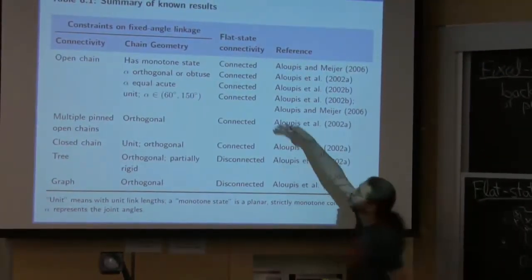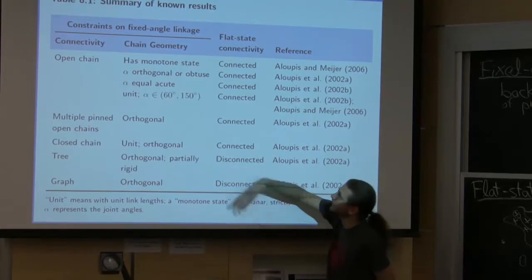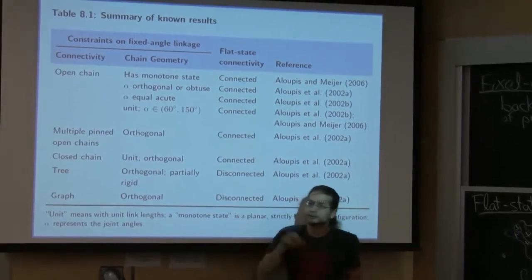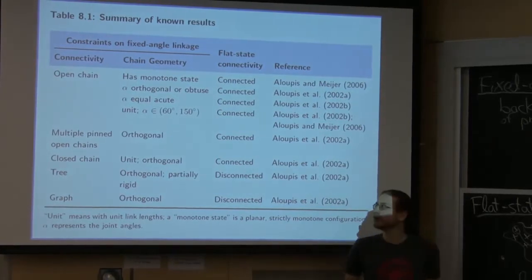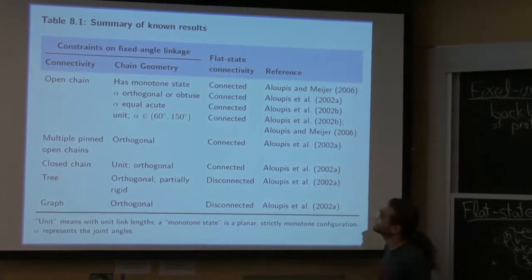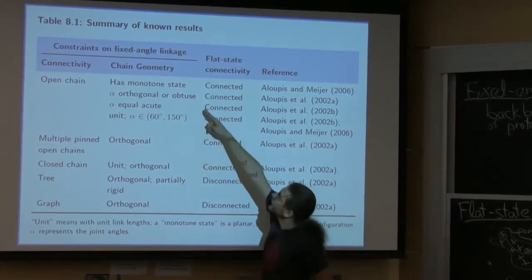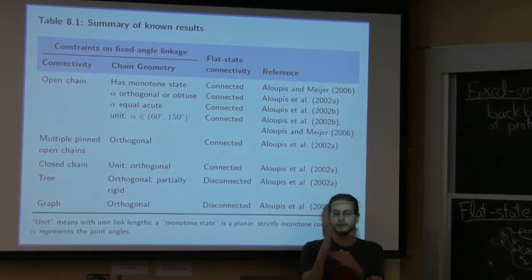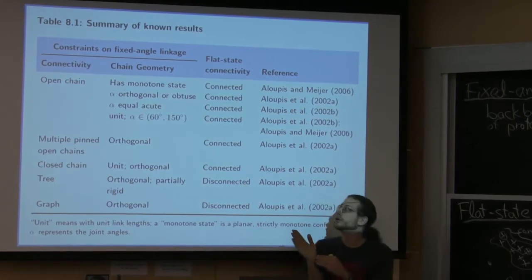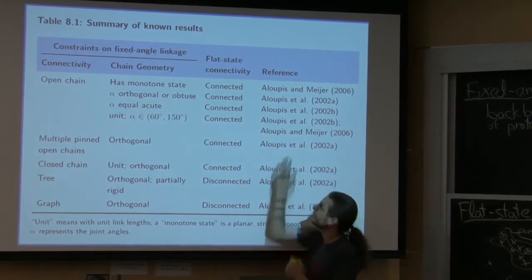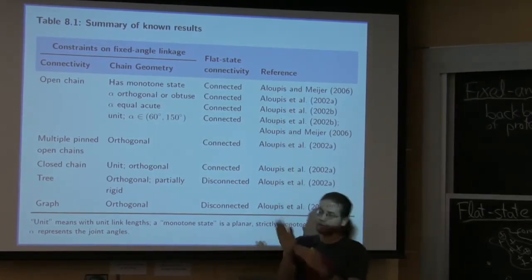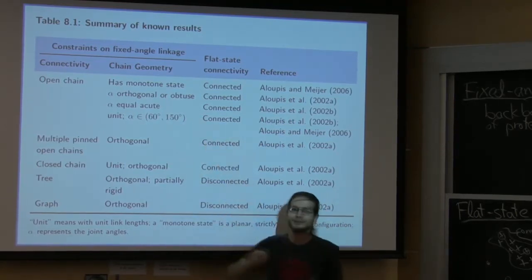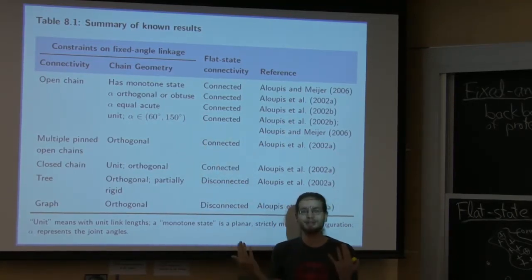So the top four results are about open chains, but they have an extra constraint. For example, open chains that have a monotone configuration, like the staircase, those are flat state connected. And in fact, whenever the angles between the edges are either orthogonal or obtuse, then they're flat state connected. When the angles are acute, we're not really sure. If all the angles are equal and acute, then we can do it. But if they're different and acute, we don't know.